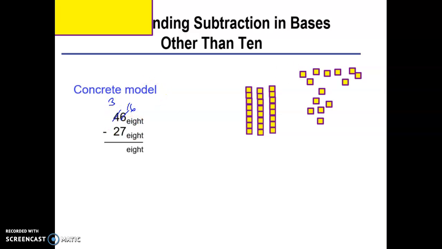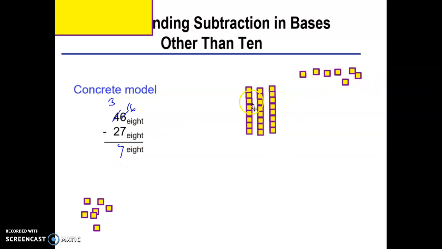Okay, now let's see if we can remove 27. Let's start off by removing 7 tinies. 1, 2, 3, 4, 5, 6, 7. And what I have left, 1, 2, 3, 4, 5, 6, 7. So I have 7 tinies.